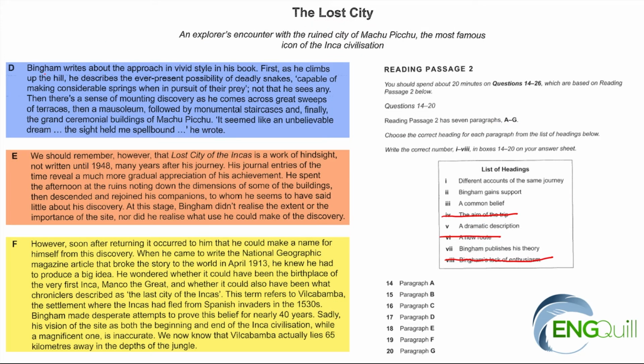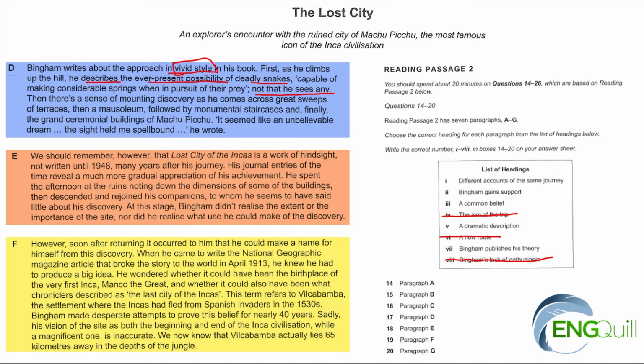All right, let's look at paragraph D. He writes the approach in a vivid style in his book. He climbs up the hill, describes the ever-present possibility of deadly snake, not that he sees any. He doesn't even see any deadly snakes and this considerable spring.